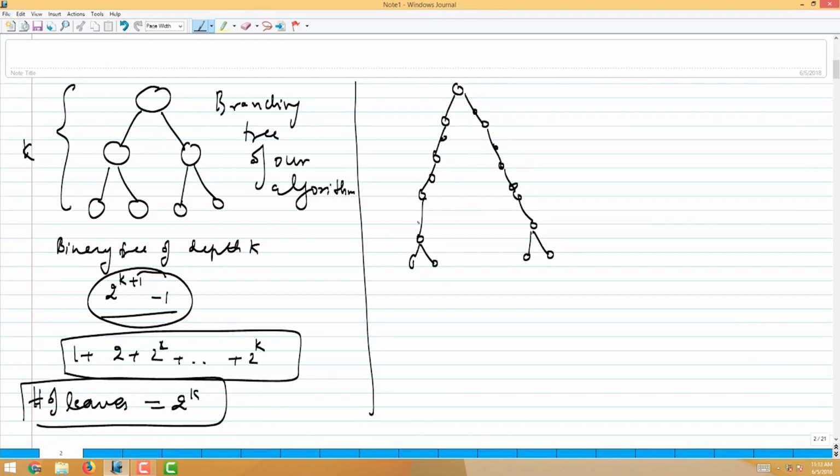Exactly. In other words, look at the internal nodes that have at least 2 children. Internal nodes again are the nodes that are not leaves. So look at all the internal nodes that have at least 2 children.